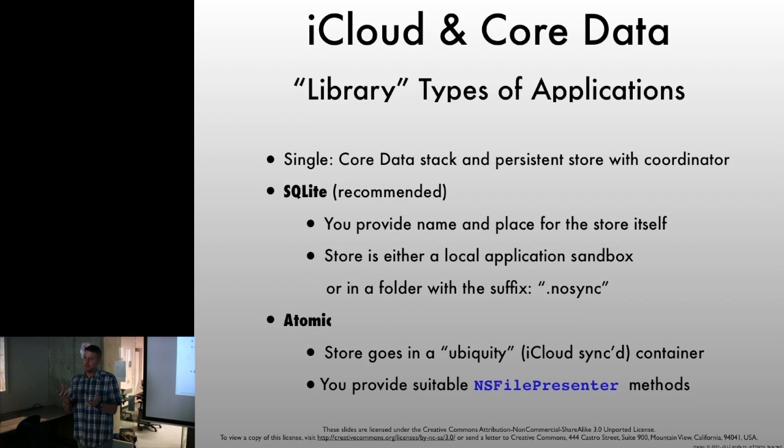It's used interchangeably within Apple for iCloud. It's the old name for iCloud, but you'll see that Ubiquity is used in all of the method names. So your chunks will go into containers on iCloud, and then you provide NSFilePresenter methods for what to do when you get notified for changes and for saving and for opening files and loading files.